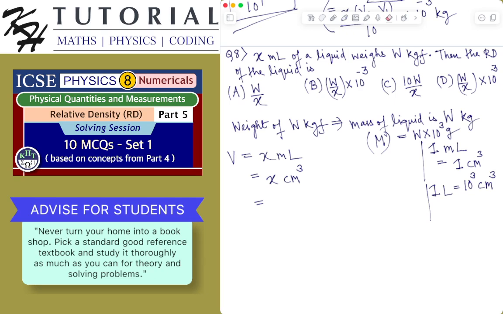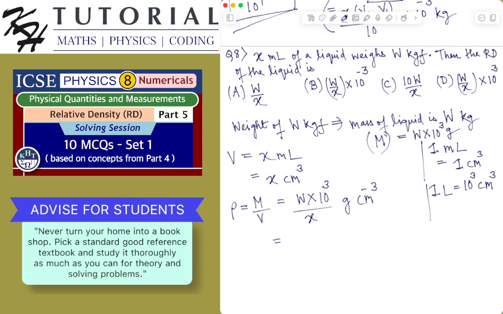So the density of the liquid will be mass by volume, which is equal to W multiplied by 10 to the power 3 divided by x, this much gram per centimeter cube.